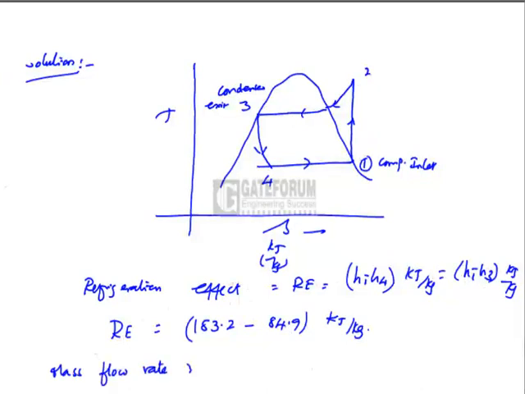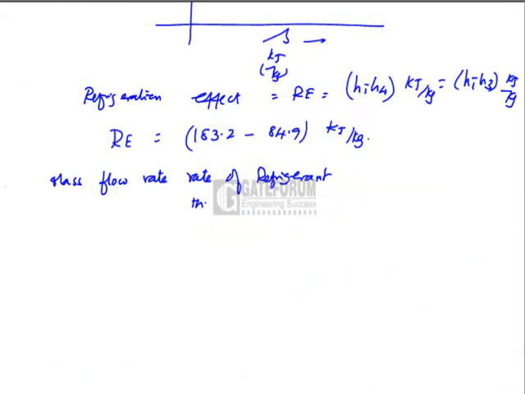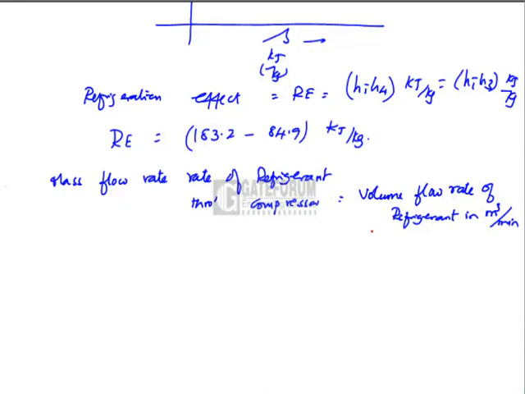Mass flow rate of refrigerant through compressor is equal to volume flow rate of refrigerant in meter cube per minute divided by specific volume at inlet to the compressor.